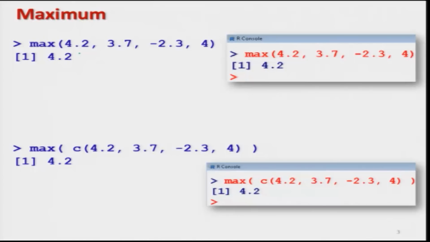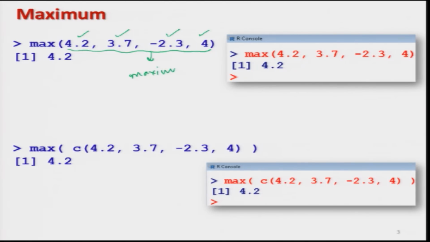So let me take the first example. Suppose I want to find out the maximum among some values. For example, I am taking a data vector which contains 4 values: 4.2, 3.7, minus 2.3 and 4, and I really want to know which of these 4 values is the maximum.